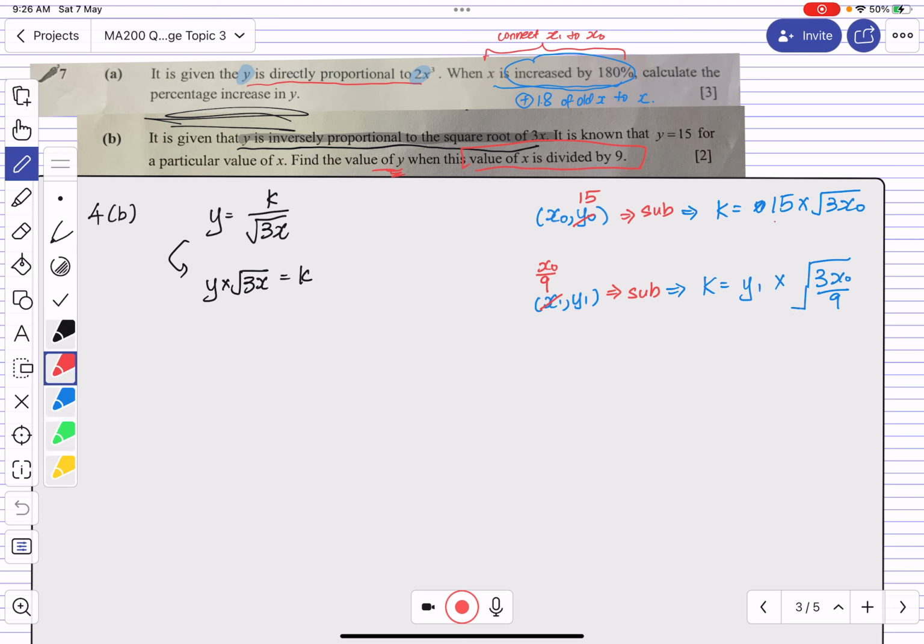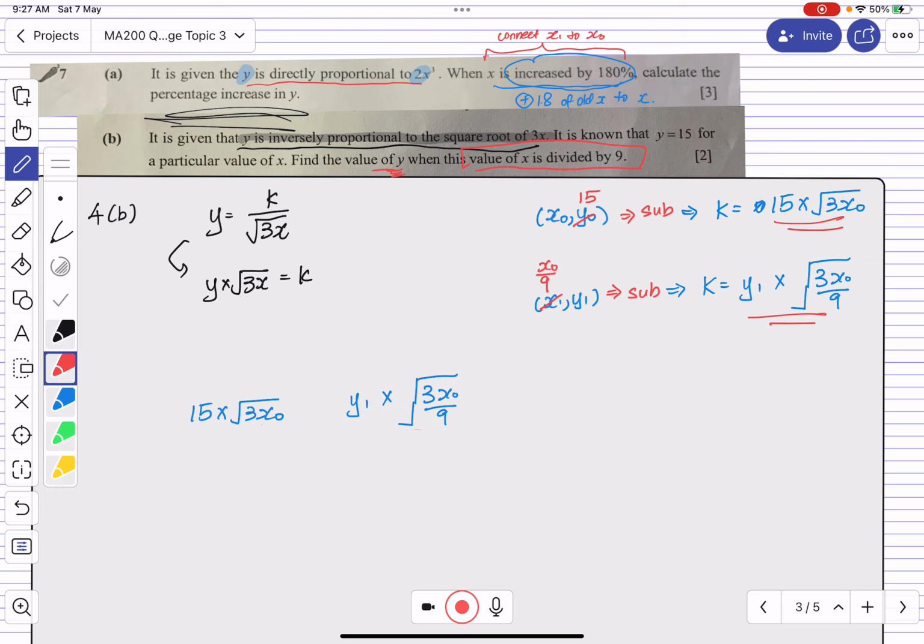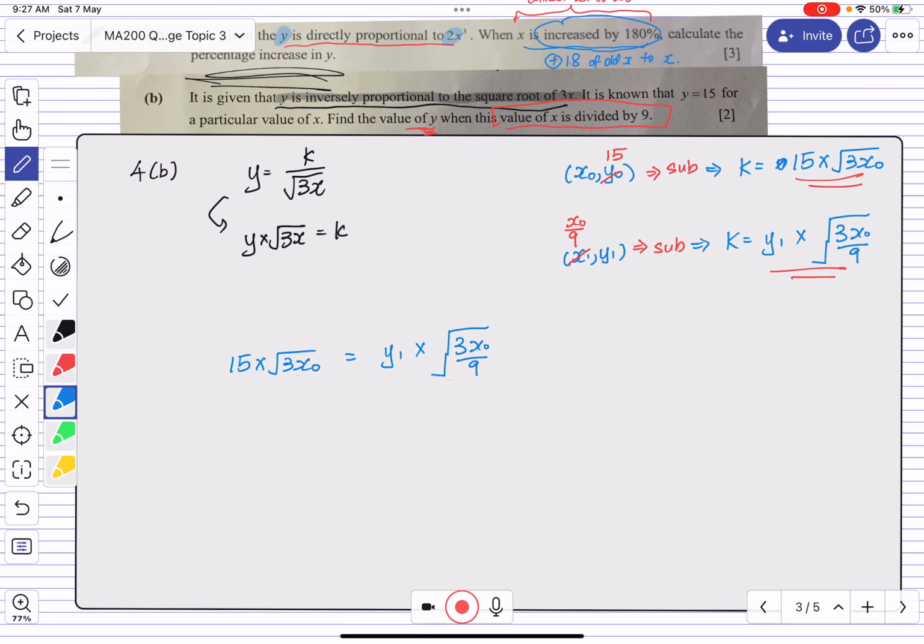Now both of them are equal to k, take note. So I'm just copying them down. They are both equal to k. So 15 multiplied by square root of 3 x0 equals y1 times, let me simplify, this is one third, square root of x0 over square root of 3.